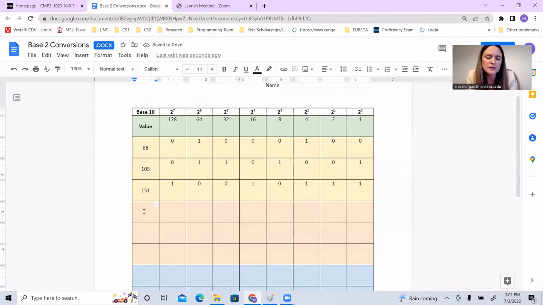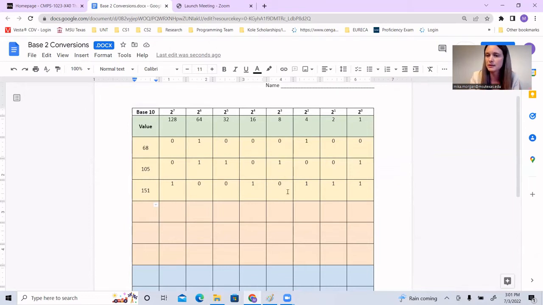And if you want to check yourself, because I don't feel super confident on that one, the easiest way to check would be to go through and add the numbers up. I'm going to go through and add all the numbers up and make sure that I did it correctly. So I have 1 plus 2 plus 4.